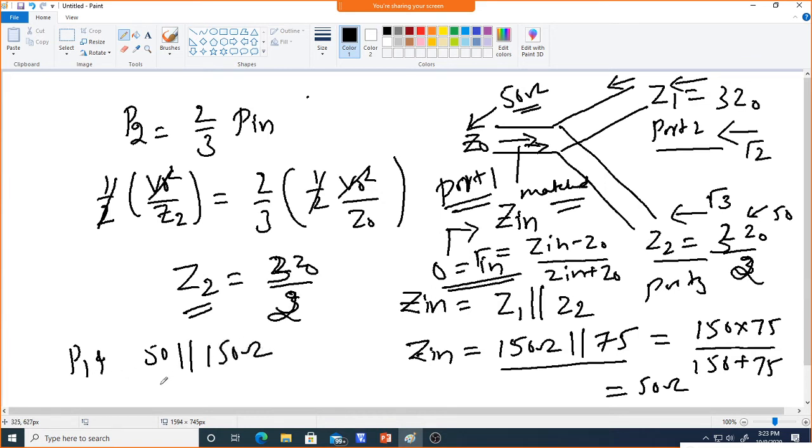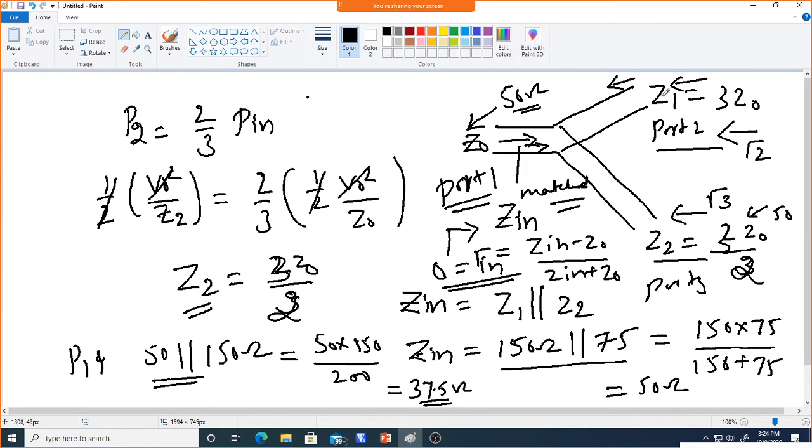So this parallel combination gives 50 into 150 divided by 200 ohm. If you calculate this, you will get around 37.5 ohm.